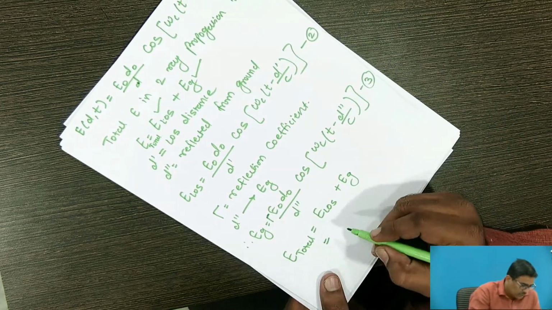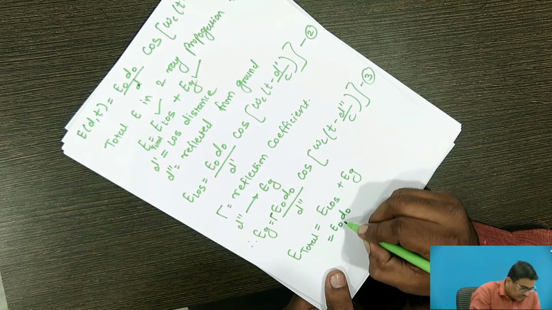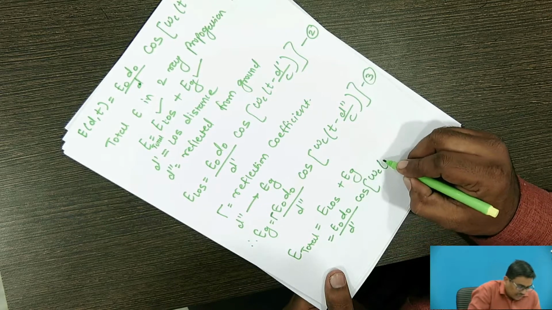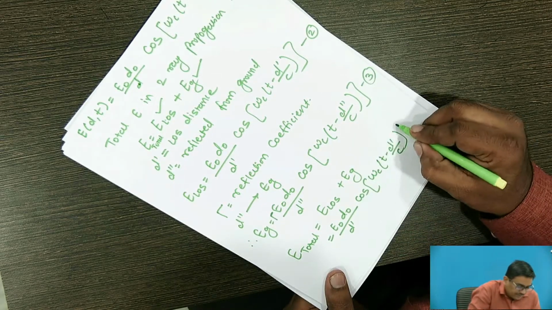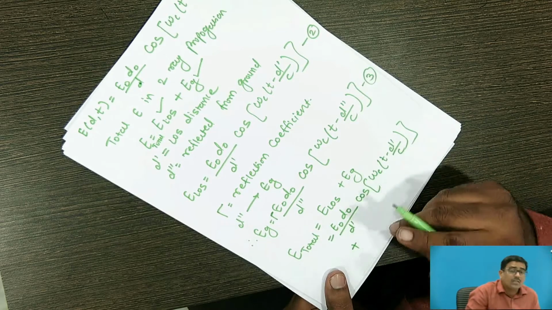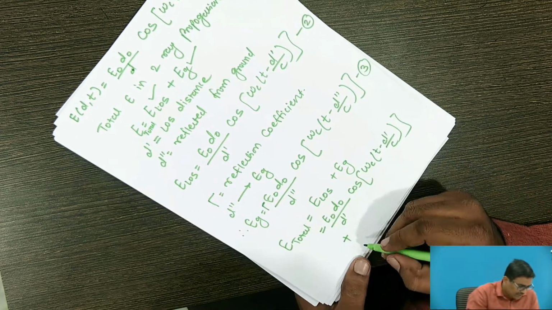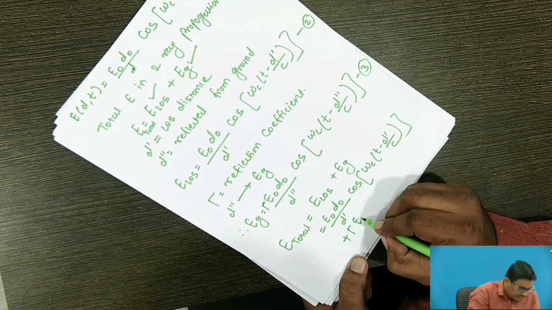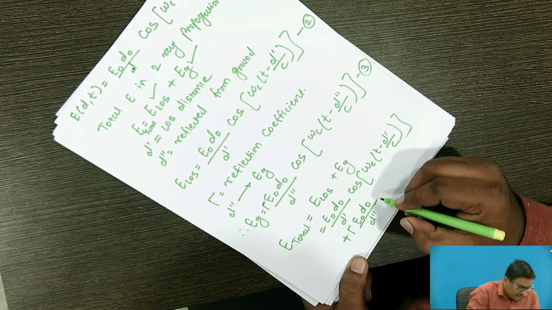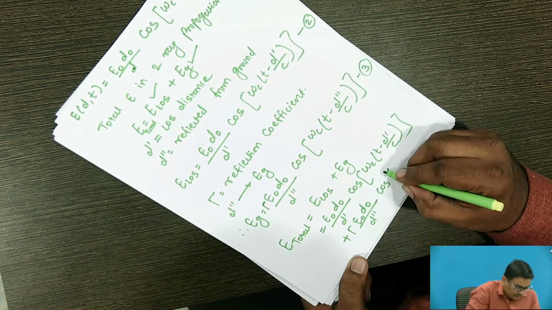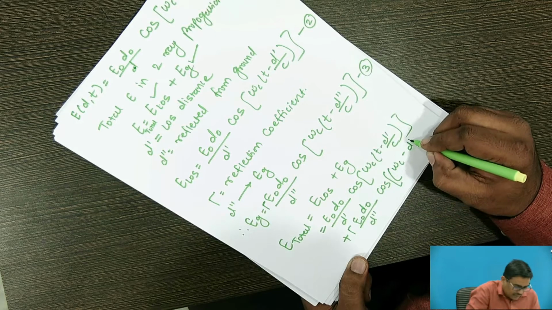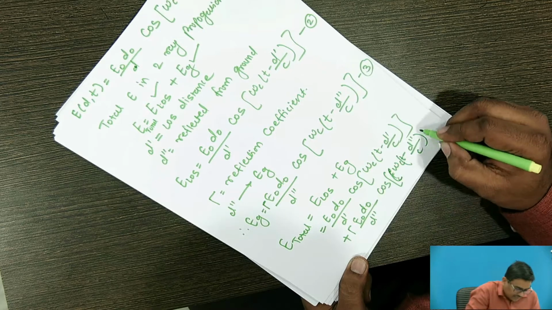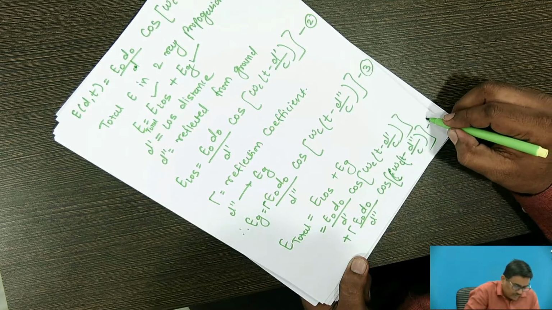E_LOS is E0 d0 divided by d' into cos of (omega_c t minus d'/c), plus what is the equation of E_G? E_G becomes tau into E0 d0 divided by d'' cos of (omega_c t minus d''/c). So this is equation number 4.